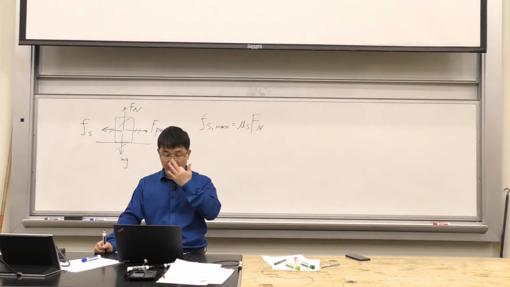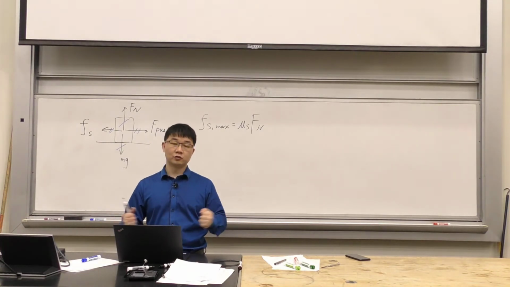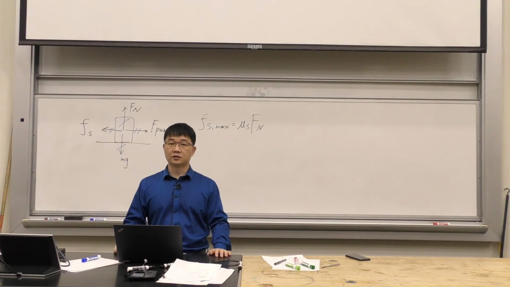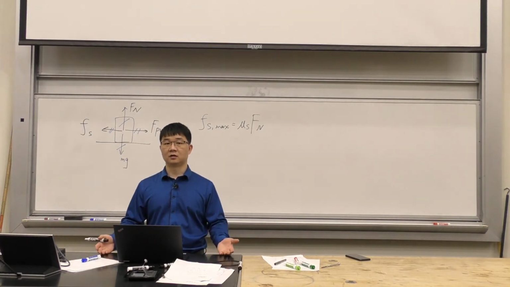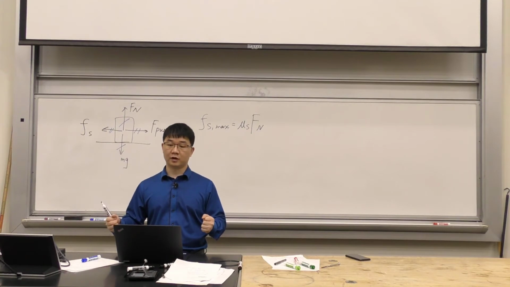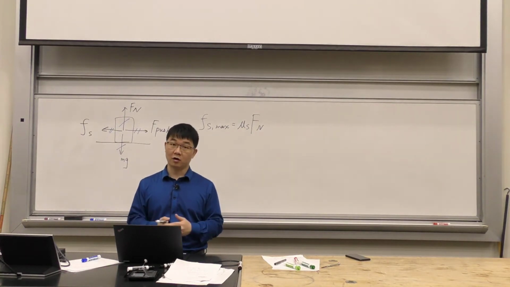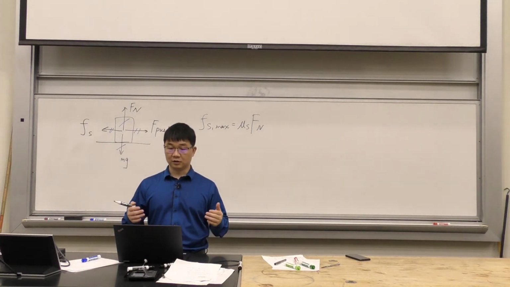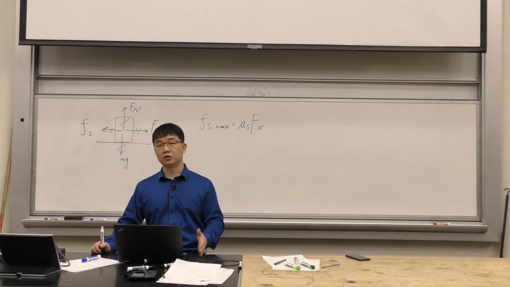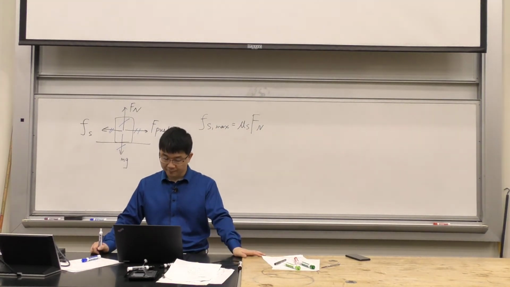When these bumps push against each other a little bit harder, the static friction force is also going to get larger. So that's why static friction force is not a constant. It's always going to be equal to the pushing force from the outside.